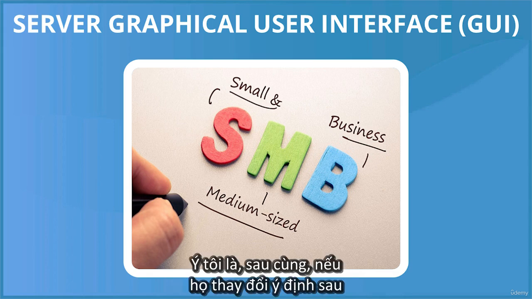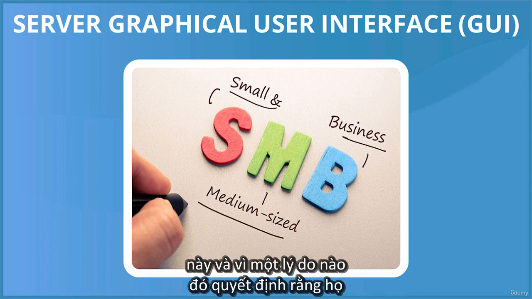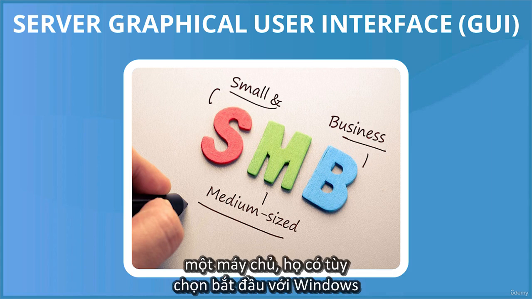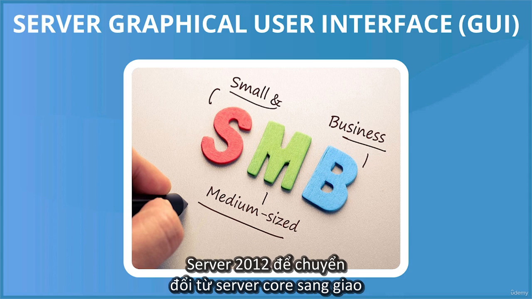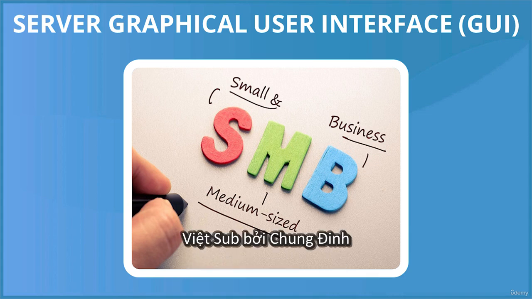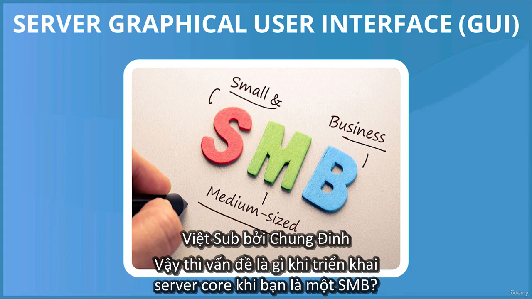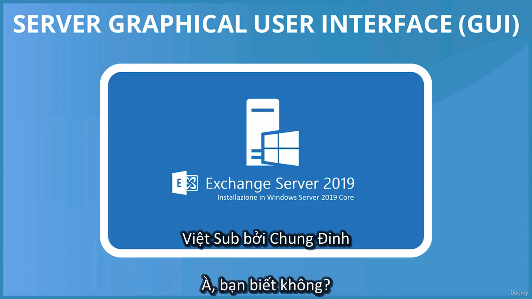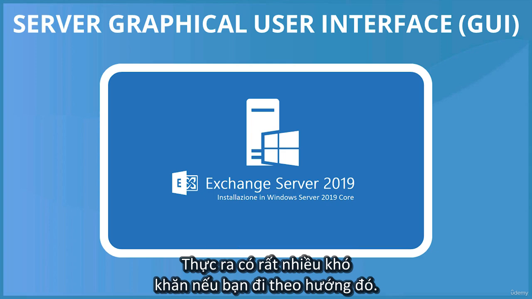I mean, after all, if they change their mind later and decide for some reason that they need a local GUI admin tool on a server, they have the option of starting with Windows Server 2012 to change from server core to minimal server interface to a server with a GUI. So then what's the problem with deploying server core when you're an SMB? Well, you know something? There can actually be lots of difficulties if you go that direction.